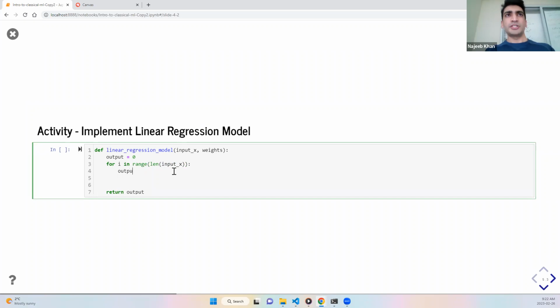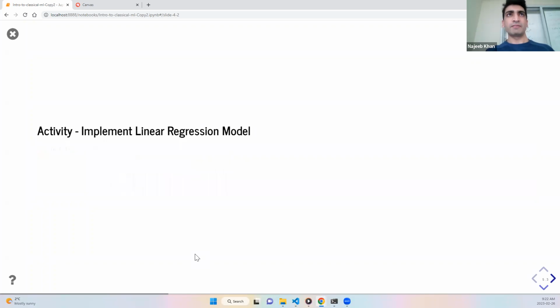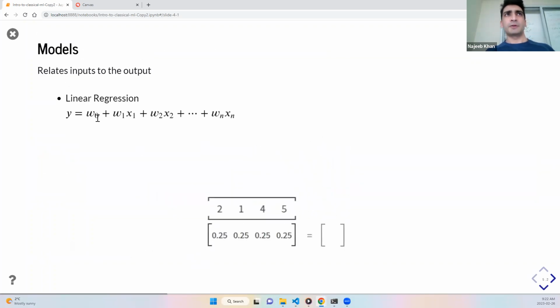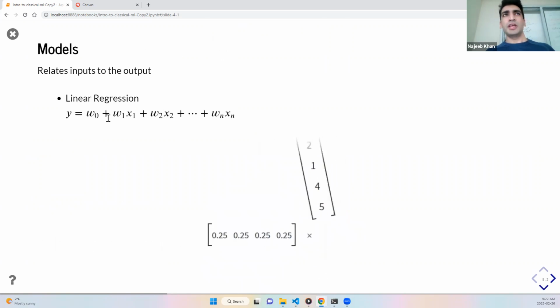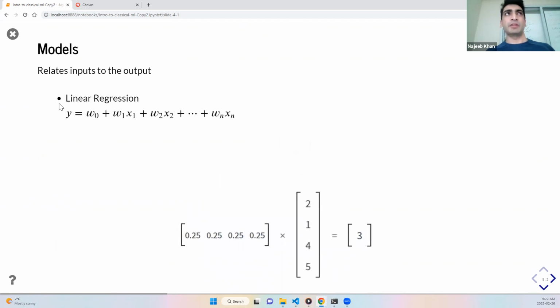And then we compute output equal to output plus the input i times the weights i. This is pretty much similar to what we have there, the output equal to the weight times the input.